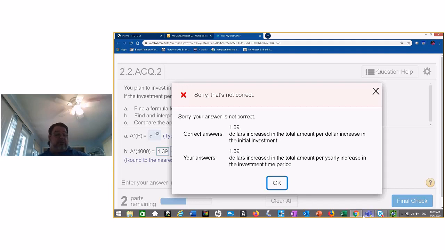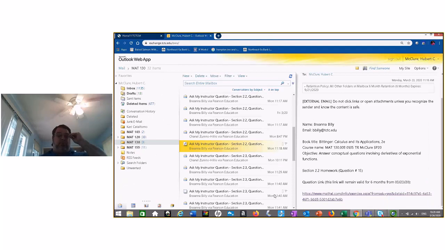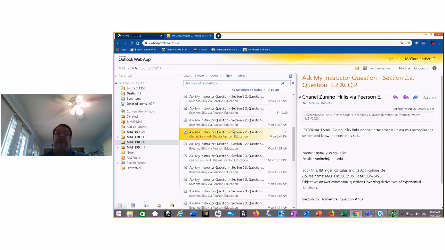All right, this one is 2.321/9. Let me delete this one. I'm going to delete this one too, because that one's the same one, wasn't it? Yeah, I'm going to delete both of those.